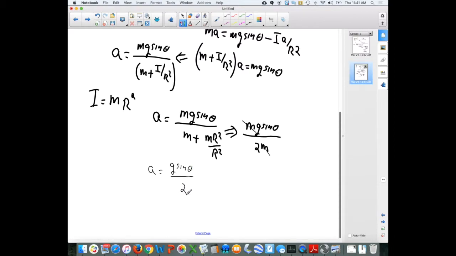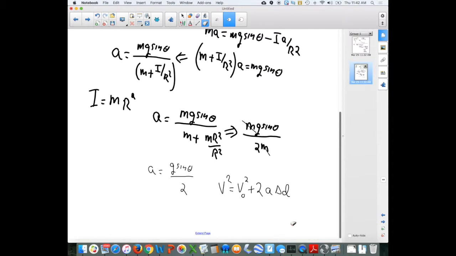And if I go back to my v squared equation, I would get v squared is v0 squared plus 2a delta d. Delta d is just h over sine theta. Sorry, I messed that up. Delta d is the length of that incline.